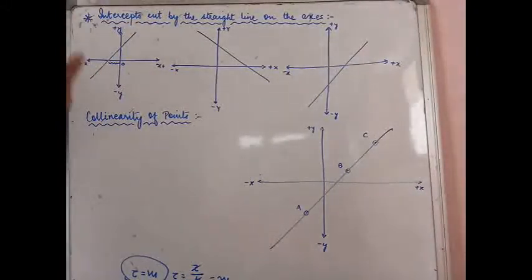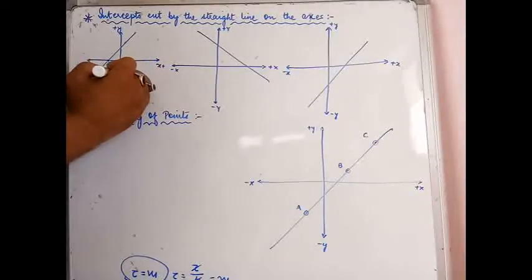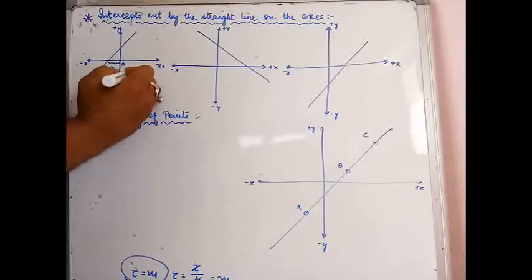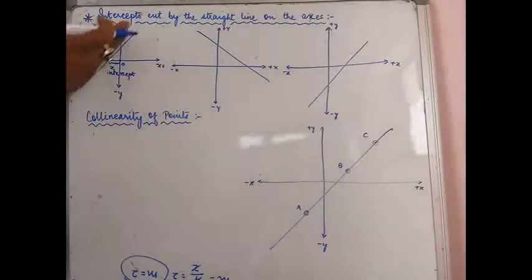So if somebody asks you, what is the x-intercept being made by this line? So the x-intercept from the origin, if you see, this line is cutting the x-axis at this particular point. So from origin up to this point will be your x-intercept.